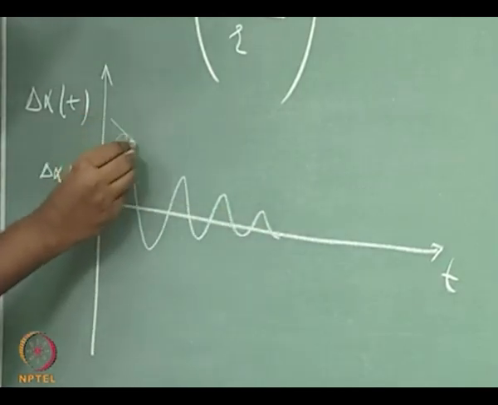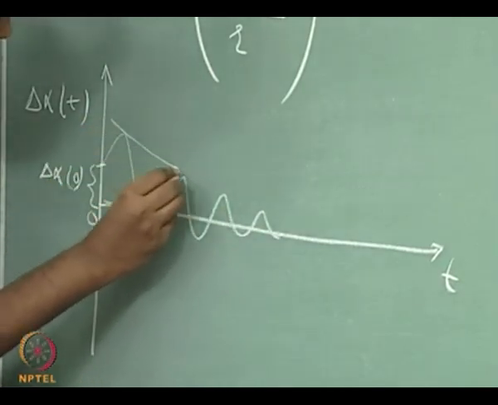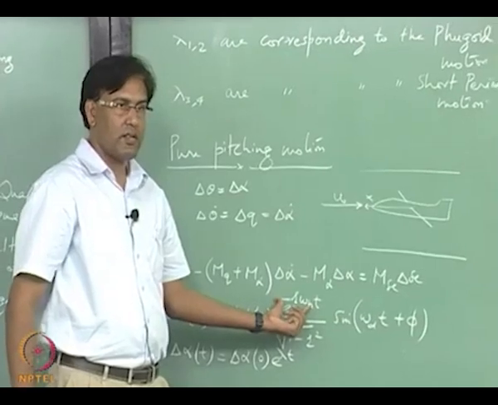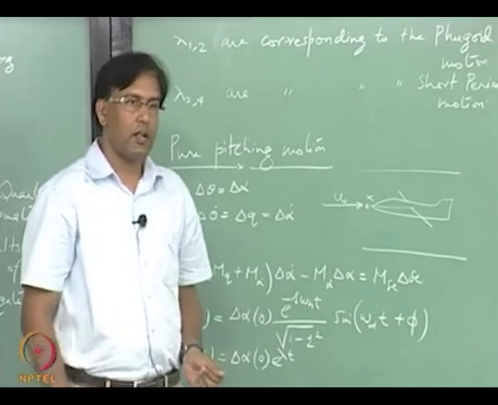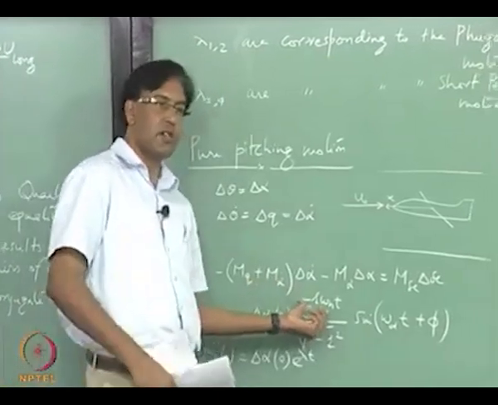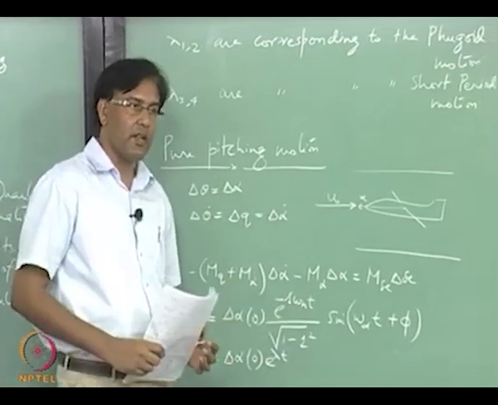So, what is happening? The amplitude is decaying, only because I have taken this part to be negative. Otherwise, if this part is positive, then the amplitude is going to grow in time.